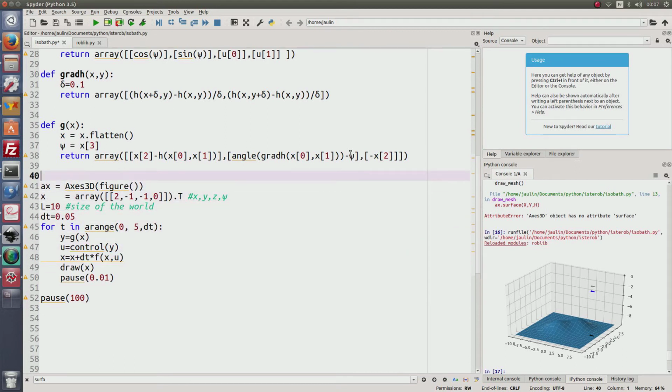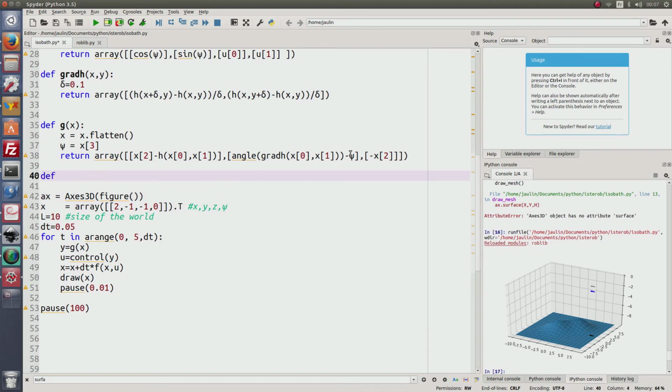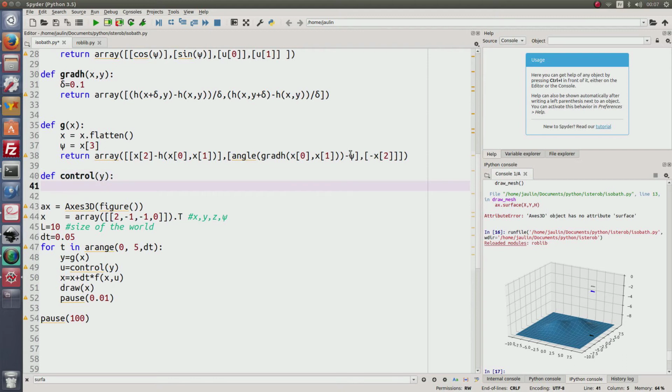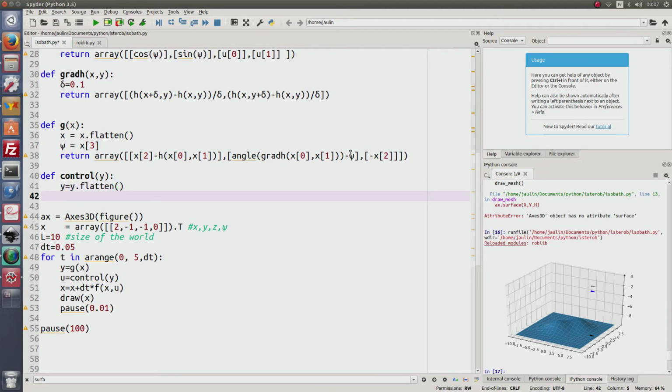So I will have to define a control function, for instance here, def control of y. I will flatten y to make the use of the subscript easier. I will return an array corresponding to the control.